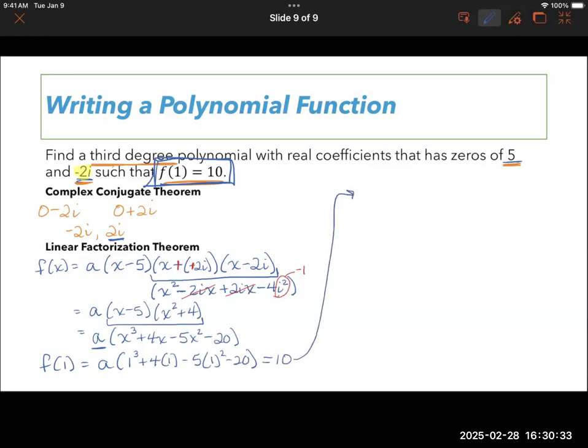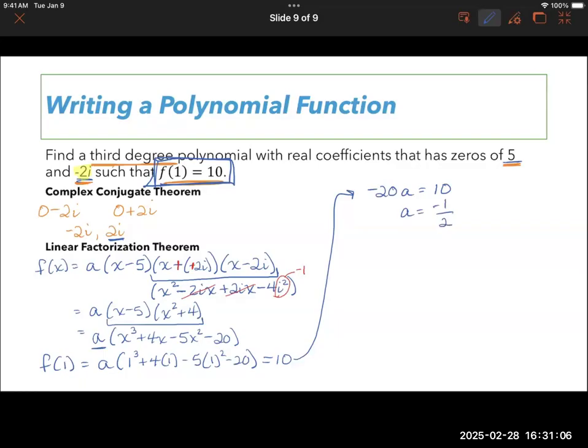Let me continue our work up here. So I've got 1 plus 4 is 5, minus 5, 0, minus 20. So I end up with negative 20 times that a equal to 10. And now I can divide both sides by that negative 20, and I end up with a negative 1/2.